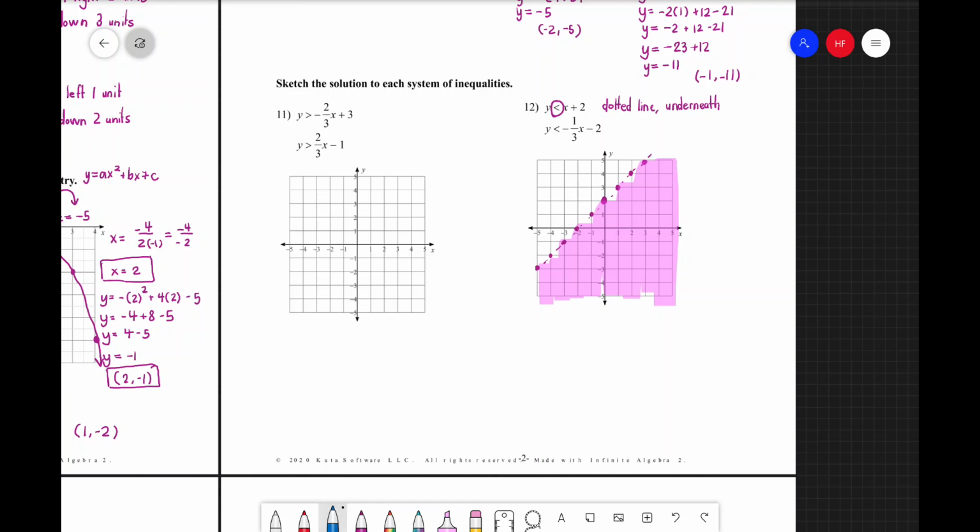And then for the second one, we have minus 2 for my y-intercept. And then we have a slope of negative 1/3, so we'll go down and to the right 3. And then so we'll do the opposite, up to the left, sorry. And this is without that line underneath, so it is also a dotted line. And it is less than, so it's also going to be underneath.